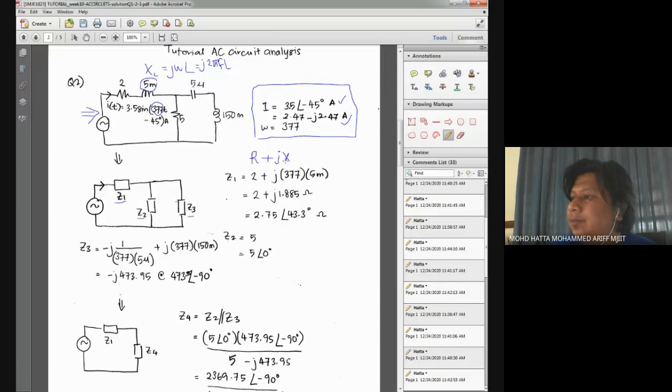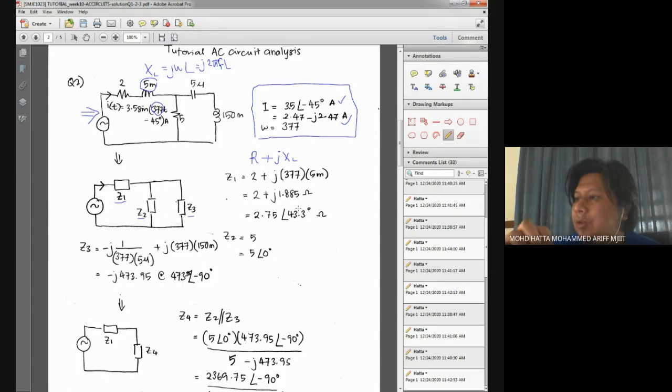In your solution, you should clearly state whatever you calculate, not just giving me the values or the numbers.